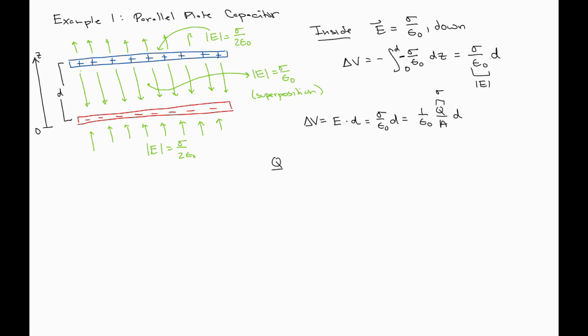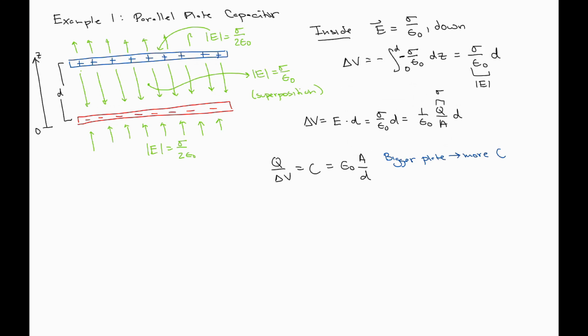I know that Q divided by my voltage is equal to C, so that tells me that C is equal to epsilon naught A divided by D. Okay, so what does this tell us? Well, if I have a bigger plate, so more area, I get more capacitance.